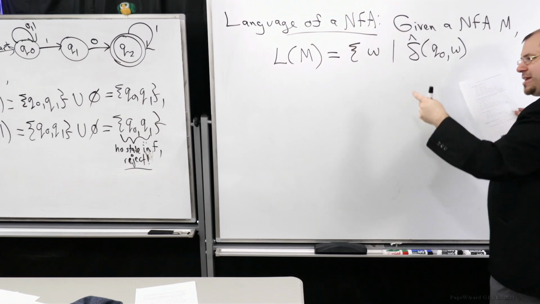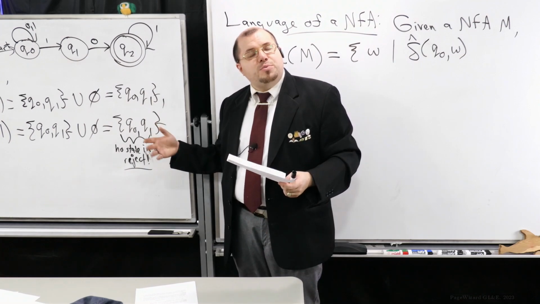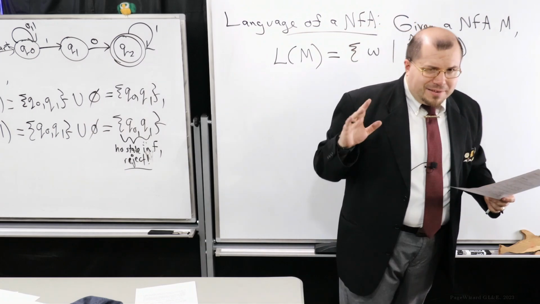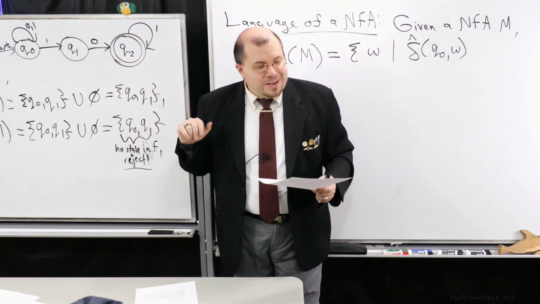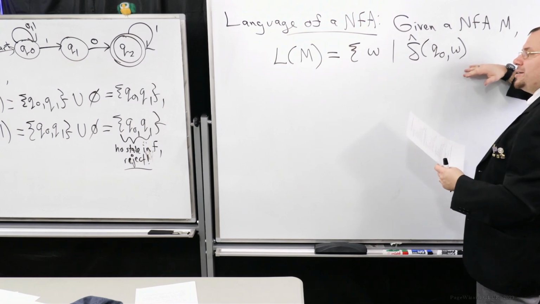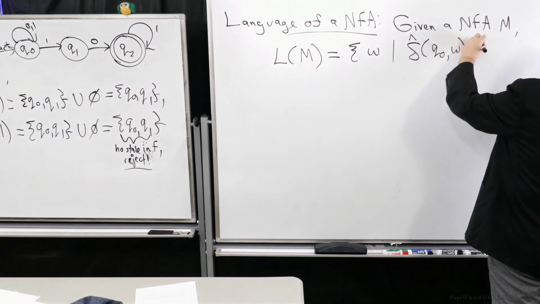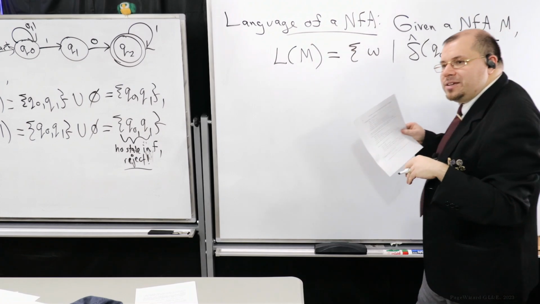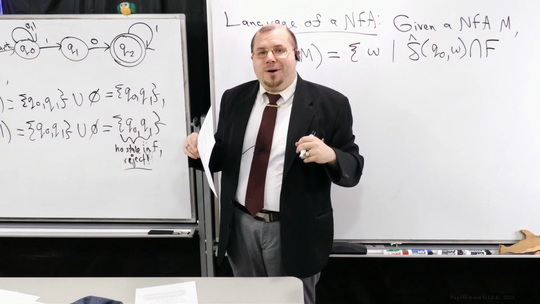So what happened in our previous example? We looked at the set of states and we didn't see the final state upon reading the input string, right? So there seems to be something really important about having at least one of the states being in F. So whatever the result of this is, one of these has to belong to F. So one way I can write this out is I take the intersection with F, and if there's any ones in common between these two sets of states, then this resulting set will be what?